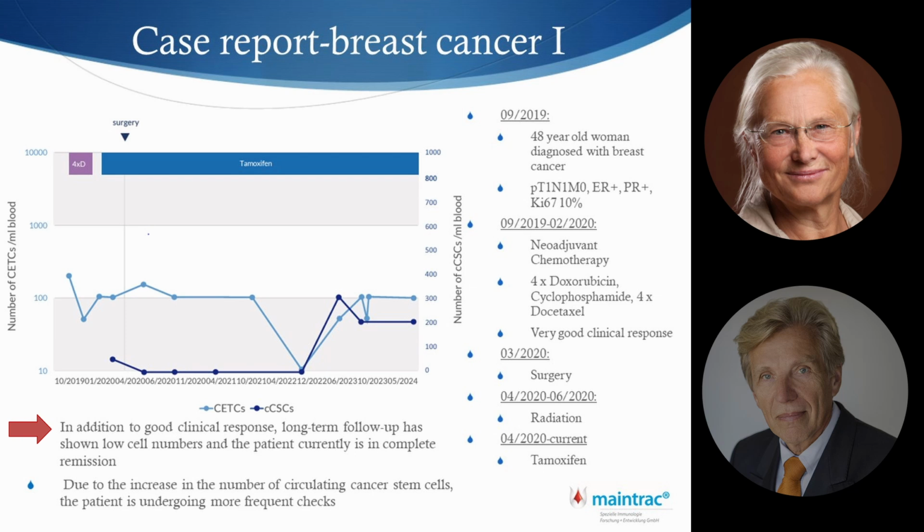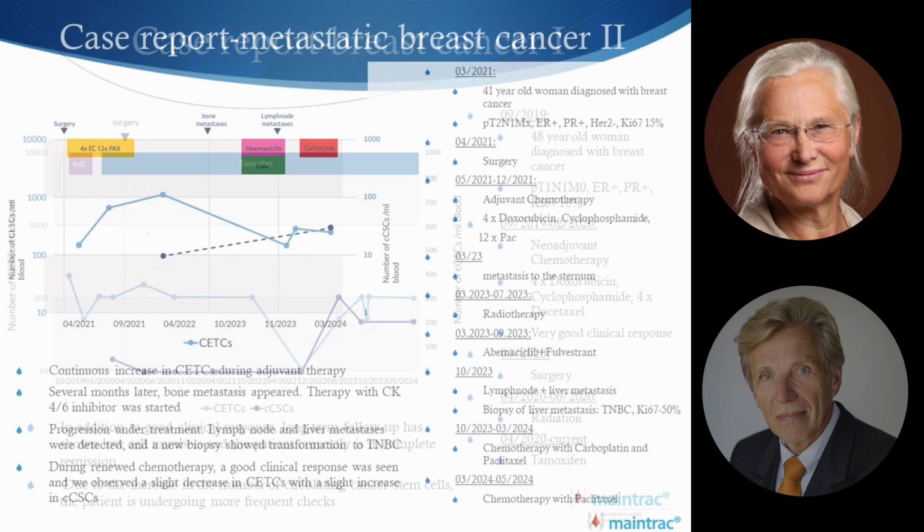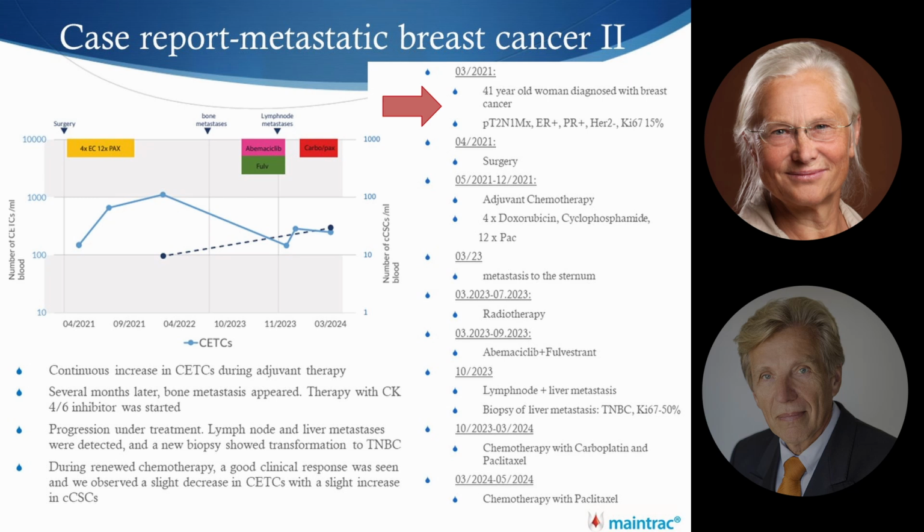First, there were low or undetectable numbers of circulating stem cells, but after this dip and the re-increase in circulating cell numbers, also the circulating stem cells increased, and that's why we think the patient should be frequently monitored during further tamoxifen treatment.